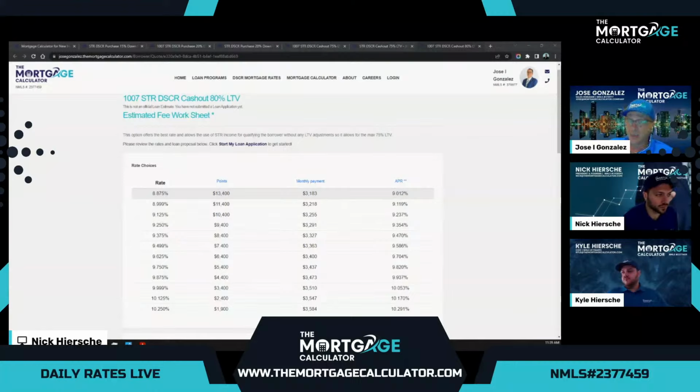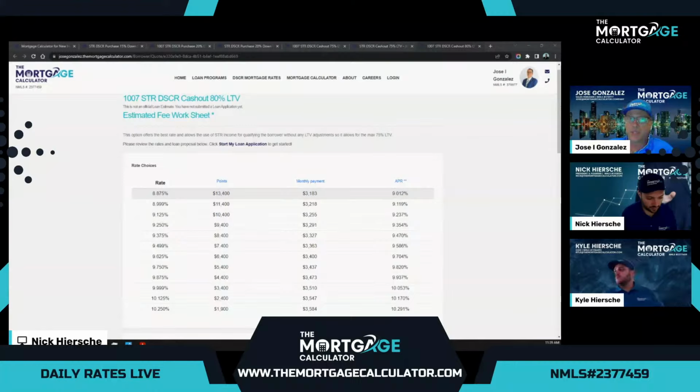Again, this is 80% short-term rental using a 1007, which uses long-term rents. But if you can get it to cash flow on the long-term rent, they'll do the property for you up to an 80% LTV.